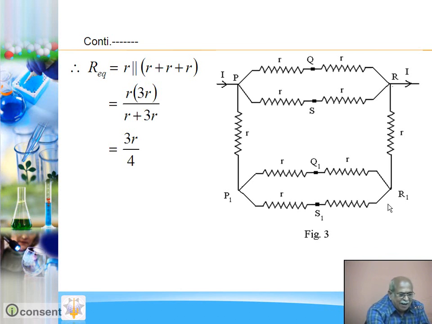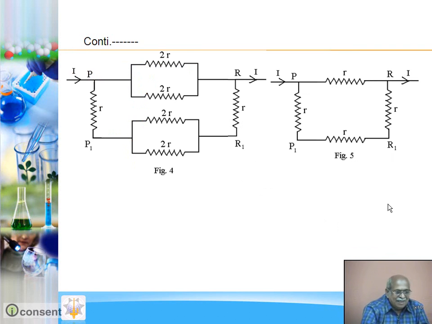After we do that, we get figure 4. Now 2R in parallel, so equivalent resistance R, that is shown here. Again 2R parallel, equivalent resistance R, that is shown here. So this figure 4 can be further simplified as shown in figure 5.